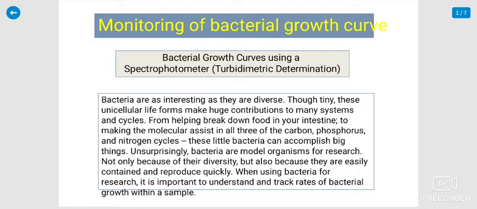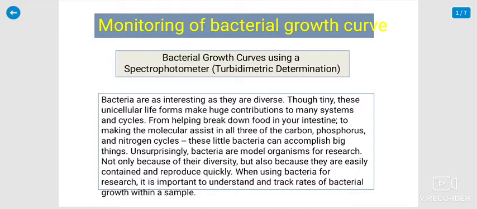So we know about the bacteria petri plate. Microbes are inoculated, then they will grow in 4 to 5 days.